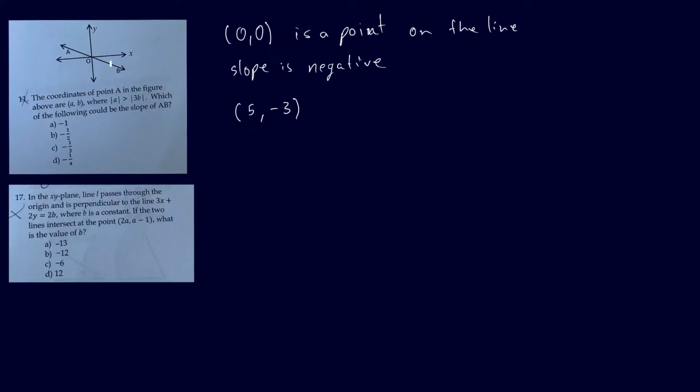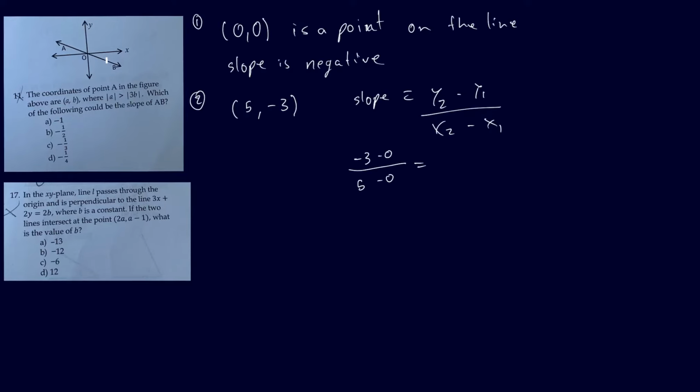So slope is just equal to y2 minus y1 over x2 minus x1. In this case, we could say this is our first point and second point. So y2 would be -3 minus y1, which is 0, over x2, which is 5 minus 0, and that would give us -3 over 5.